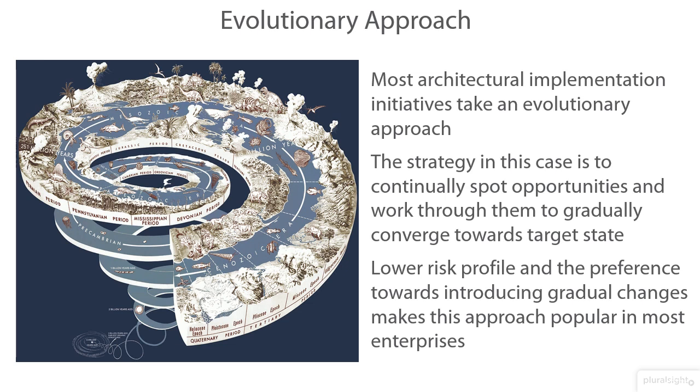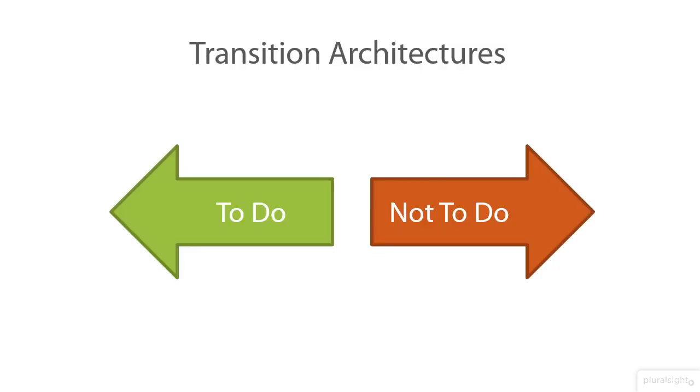Following the identification of the migration approach, it becomes apparent if transition architectures are required or not. For example, if the enterprise adopts a greenfield or a revolutionary approach in a particular case, they may choose to proceed straight to the target state rather than taking an incremental approach.